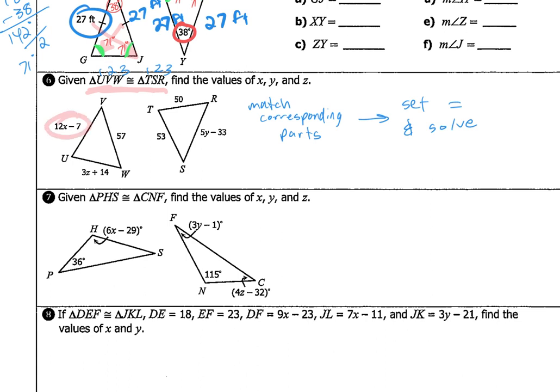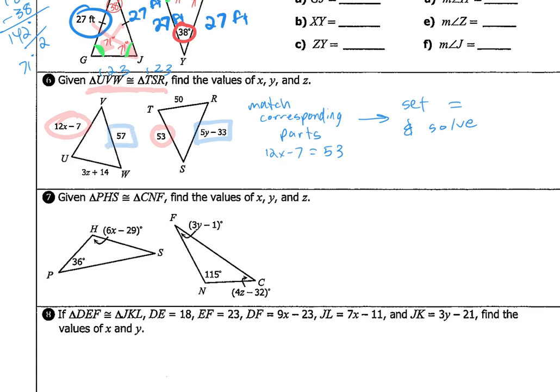What side does UV match up with? It matches up with TS. Okay, so I can set 12x minus 7 equal to 53 and solve. What next? All right, I know that 5y minus 33, that would be SR, corresponds to VW.